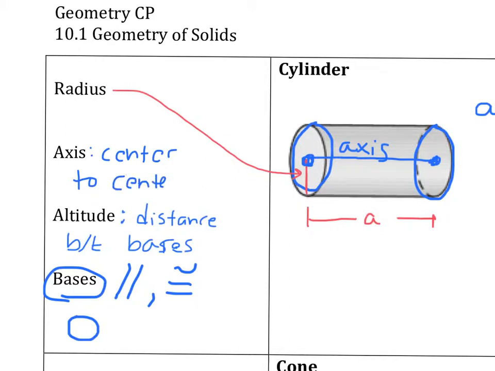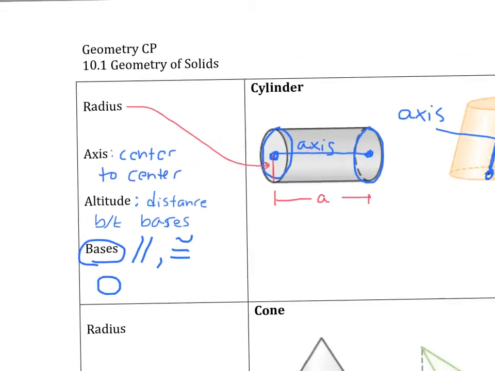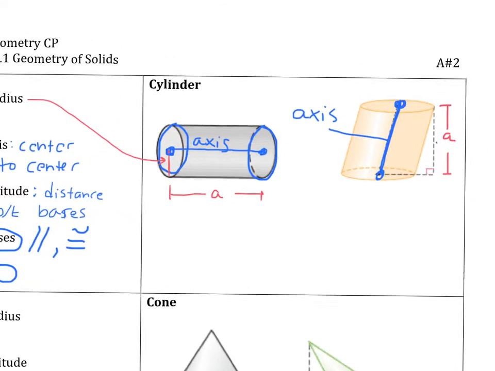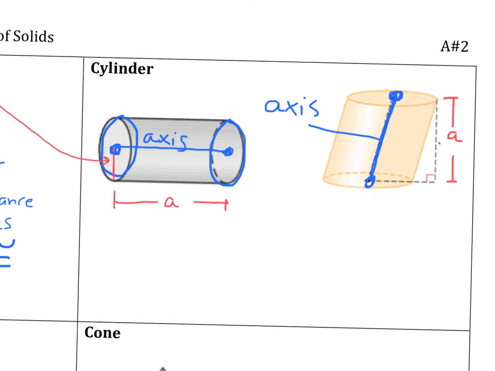So both of these are two types of cylinders. This one here is called a right cylinder. And the reason for that is because the radius and the axis have a right angle.